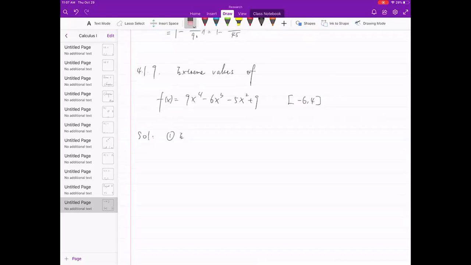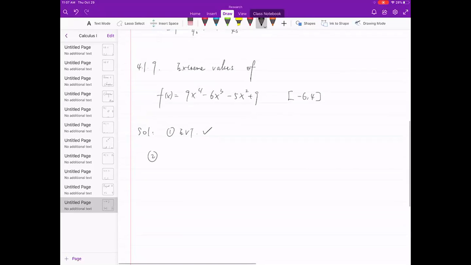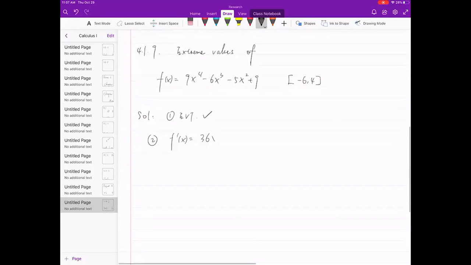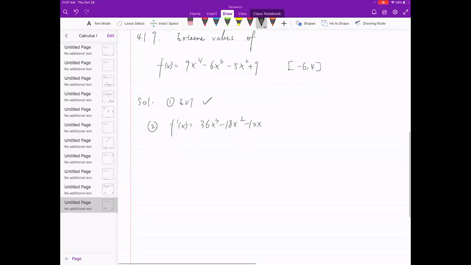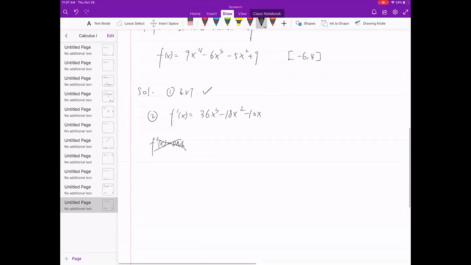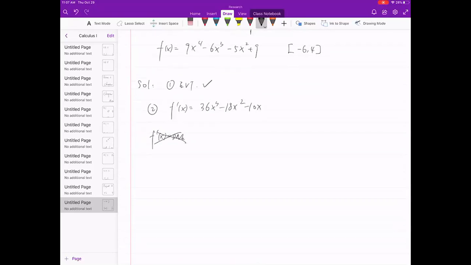Number 1, extreme value theorem continues. It's a polynomial, yes. Closed interval, of course. F prime x is going to be, okay. Does not exist, never. So we only have f prime x equal to 0. So let's simplify a little bit.